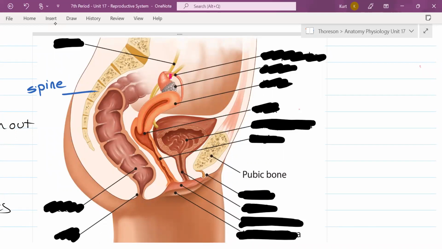Melanie, can you tell me another non-reproductive system organ or parts of the system that are on this diagram? What is the bladder part of? Correct. Urinary system. Noah, what other parts of the urinary system are located on this diagram?